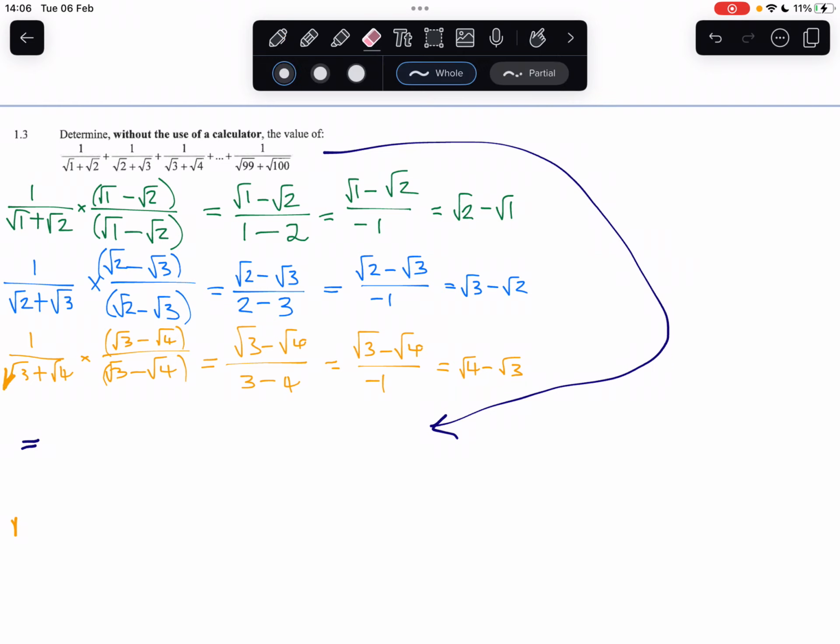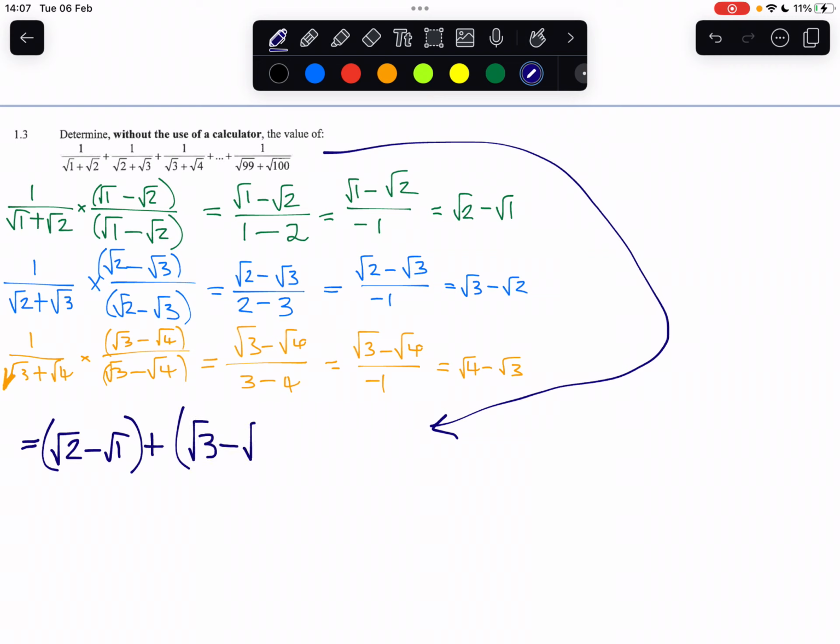I hope that is clear. Okay, anyway, so this ends up being root 2 minus root 1, the first term. The next term is root 3 minus root 2. The next term is root 4 minus root 3, right?